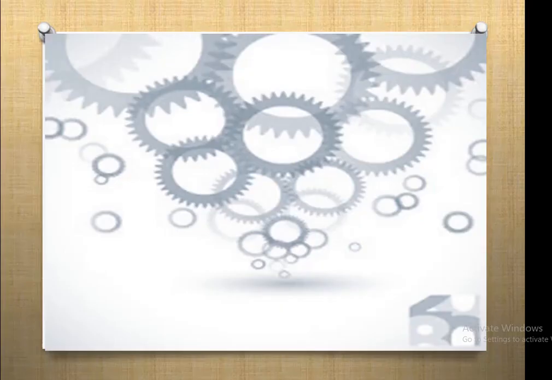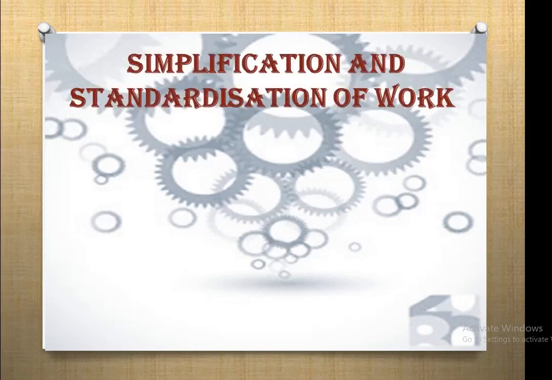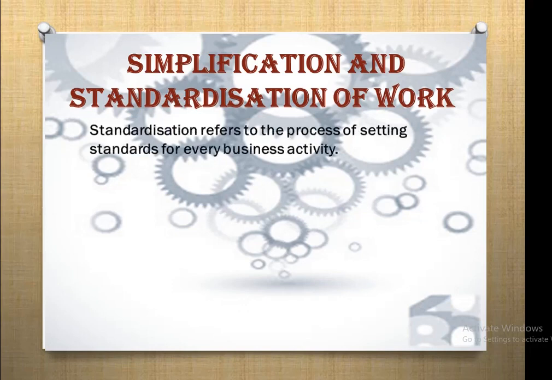Next, standardization and simplification of work. Standardization means the process of setting standards for every business activity. Standardization doesn't mean only quality standards, but it refers to setting up standards for size, type, weight, and quality of the product.